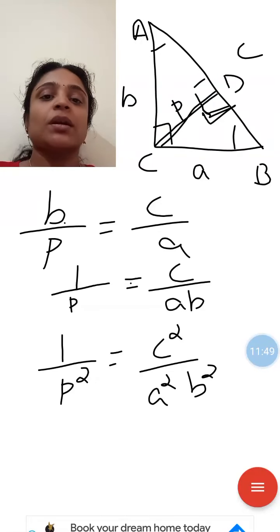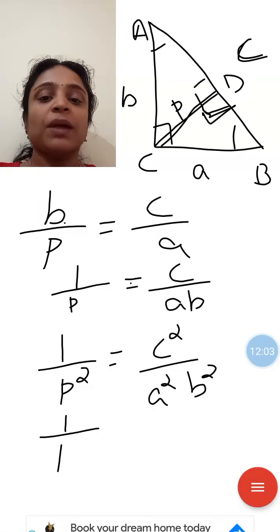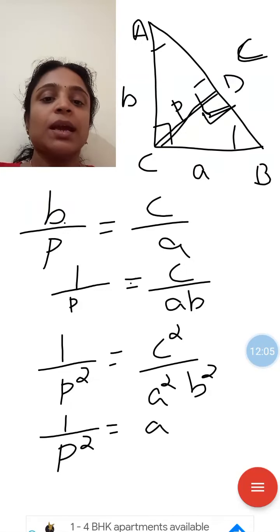Now, what is C square? Since ACB is a right angled triangle, here C square equal to B square plus A square, right? By applying Pythagoras theorem, so we will have 1 by P square equal to A square plus B square by A square B square.